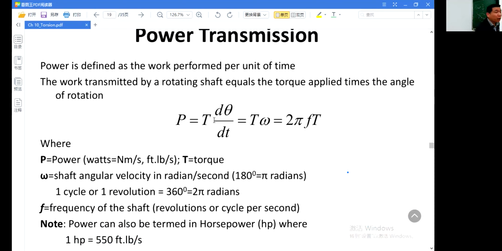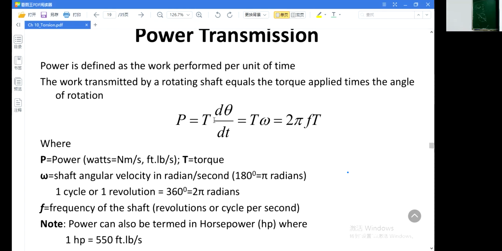You forgot it. 2 pi is the angle, and f is the frequency of the shaft rotation, in revolutions or cycles per second.